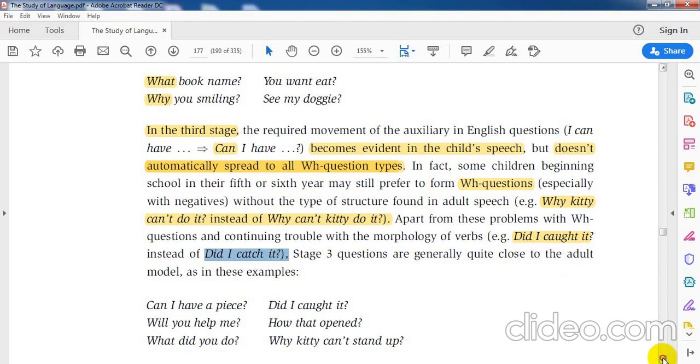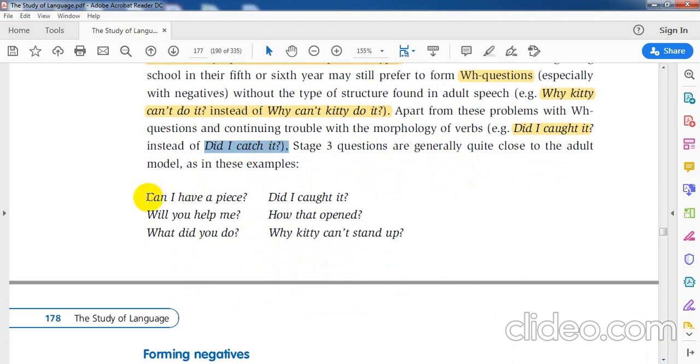Let's look at this conversation between an adult and a child. Can I have a piece? This is adult speech, and this is for maybe a 5 to 6 year old child. Did I caught it? Will you help me? This is okay, adult speech, as I said. And on the right we have what?